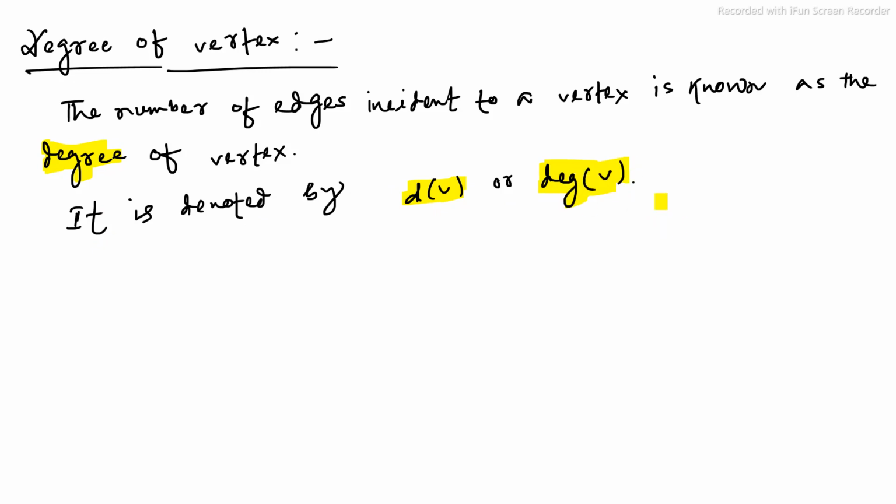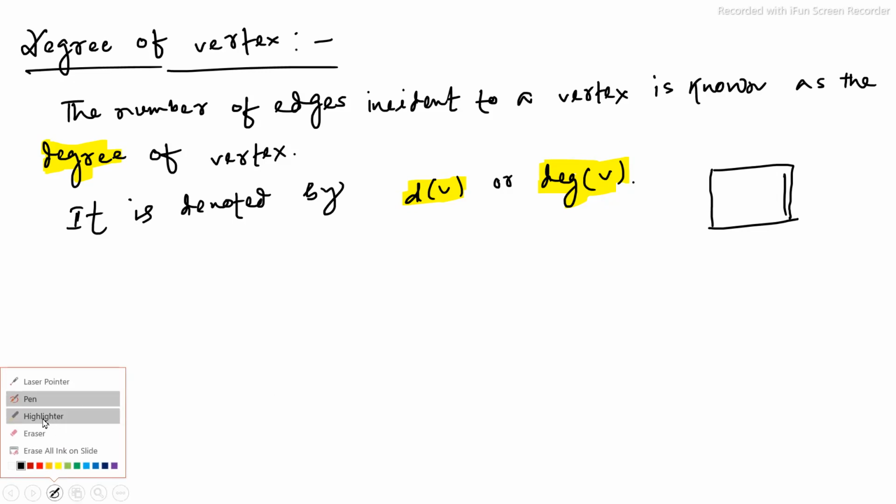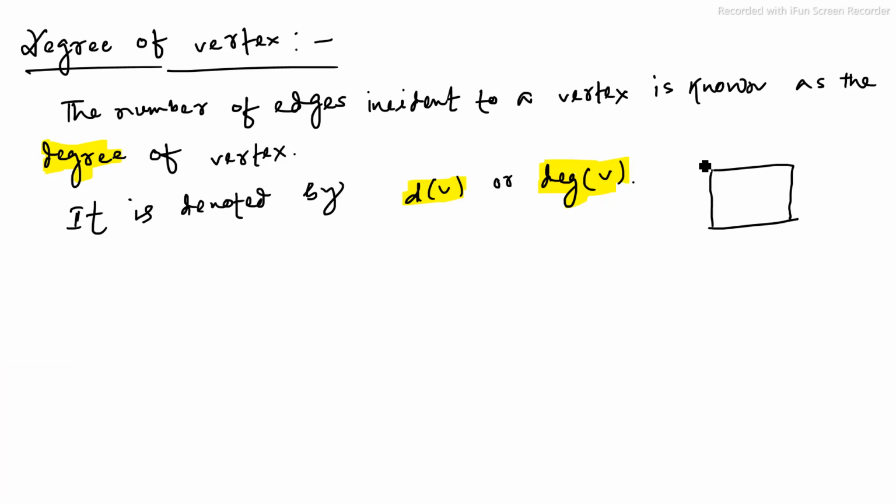Now understand this by example. This is a graph with vertices v1, v2, v3 and v4, and suppose these are the edges.